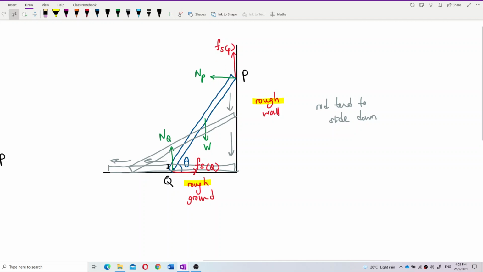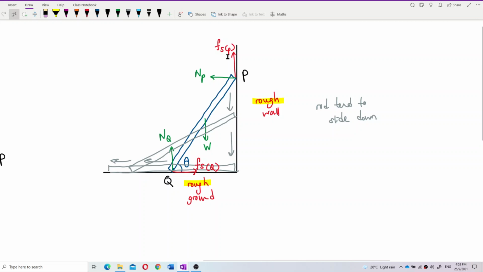And for Q, this rod tends to slide down, so this end will not go to the right. Actually, it tends to go to the left. So the friction from the ground is supporting it to the right.